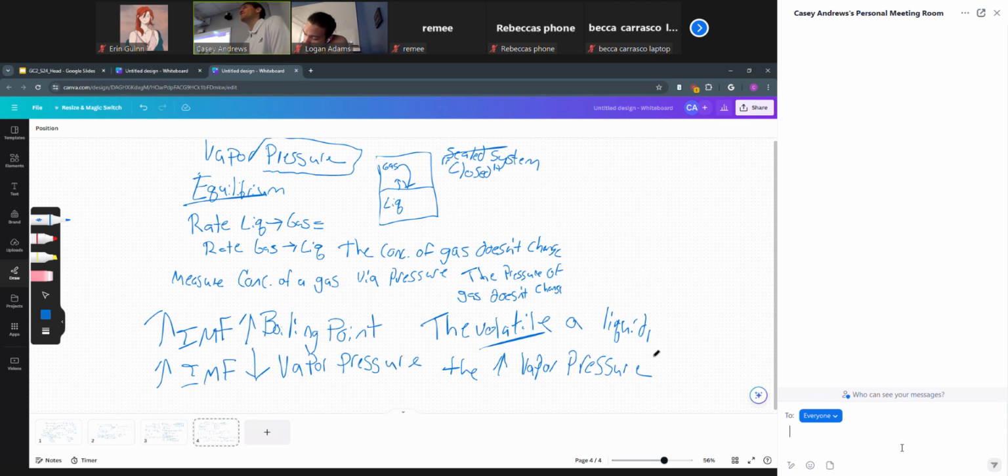It's not volatile. Gasoline has very high vapor pressure because it has very weak intermolecular forces. If you leave a gas canister outside in the sun, it balloons up and eventually will pop the lid because the vapor pressure gets so high in it. But if I had that gas canister full of water, it would be just fine because it doesn't have nearly as high a vapor pressure. All right, any questions about that?